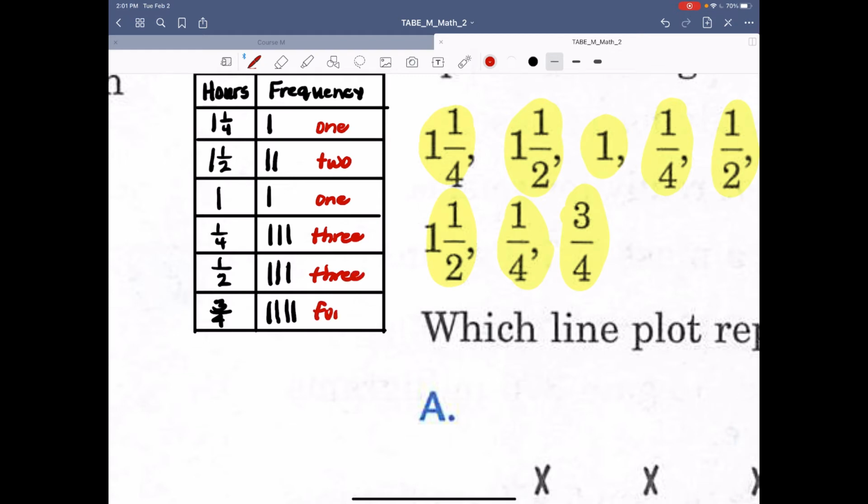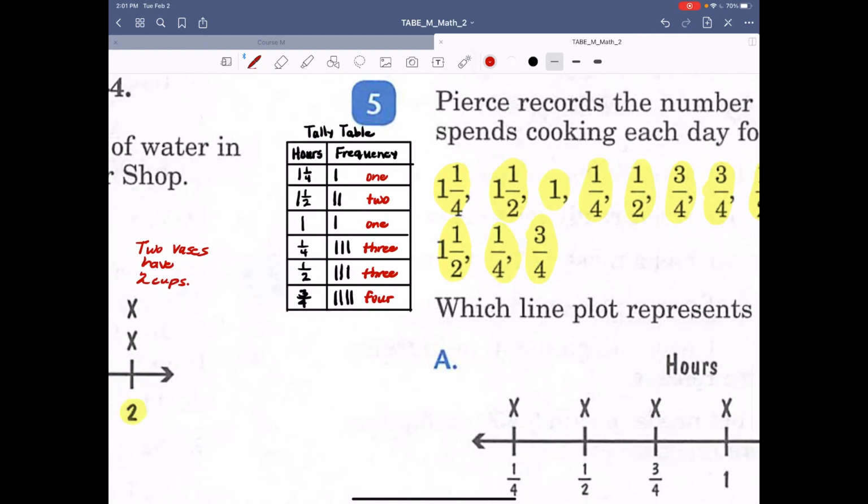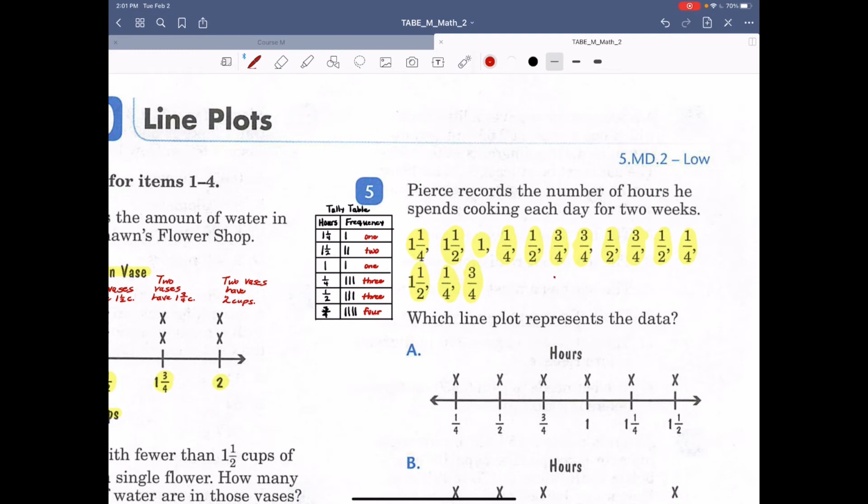So I want you to count those tick marks. 4 plus 6 is 10, plus 4 more is 14. And that should match the 14 days that he has. Make sure you included them all, because if you've missed one, your chart will not come out right.